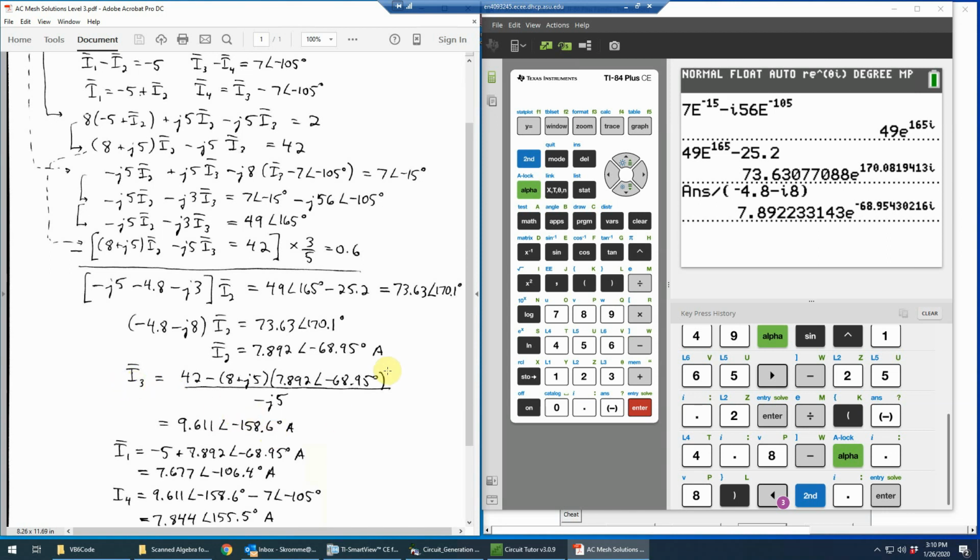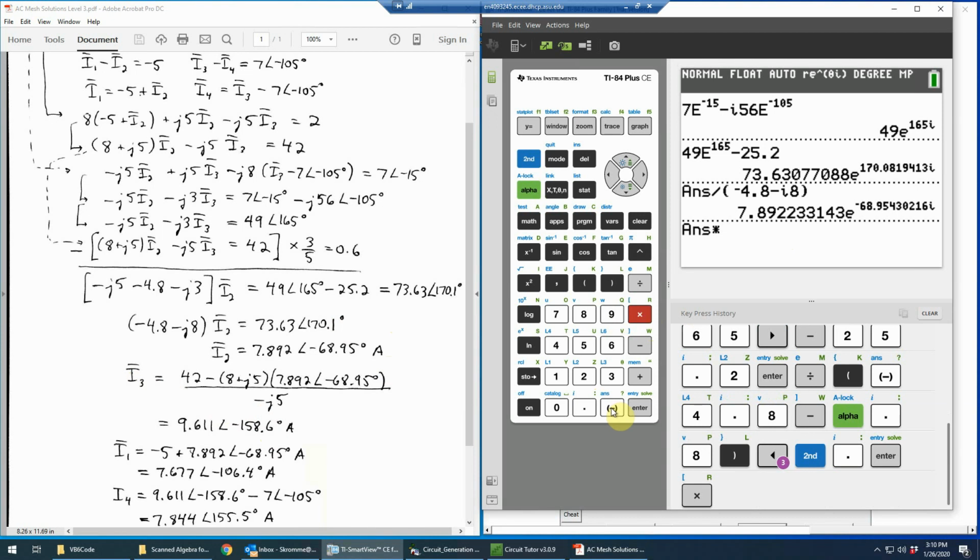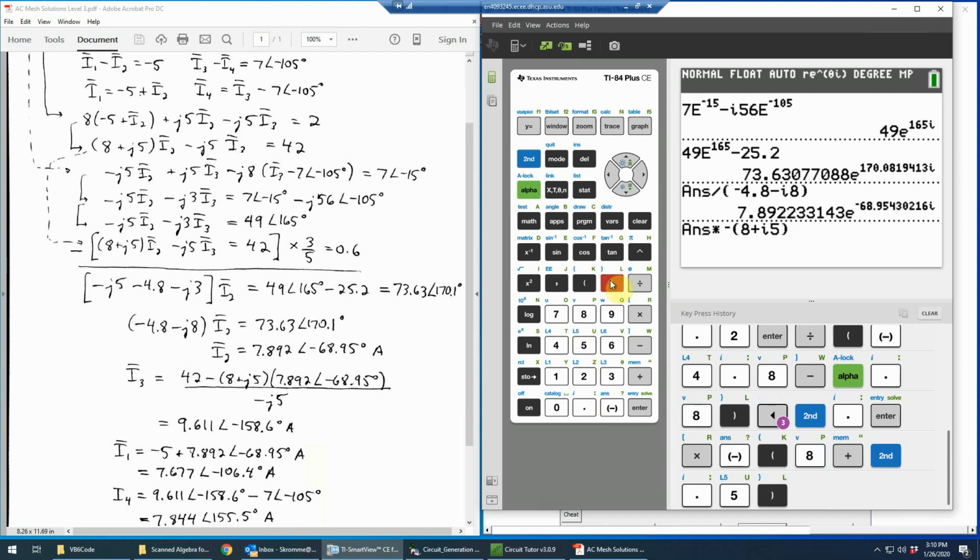And so let's see, I've got that value. I could just multiply that times negative parentheses the 8 plus J5 and then add to that the 42.